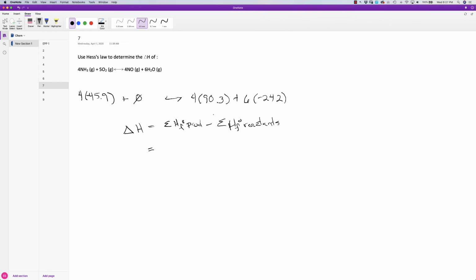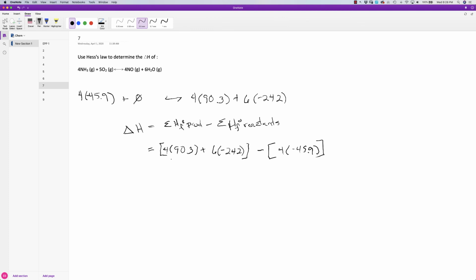Okay, so our products over here, that's 4 times 90.3 plus 6 times negative 242 minus 4 times negative 45.9, and oxygen is 0, so that's it on that side.